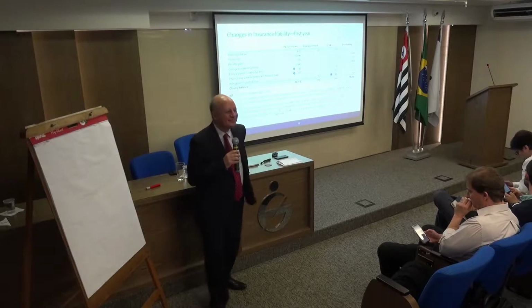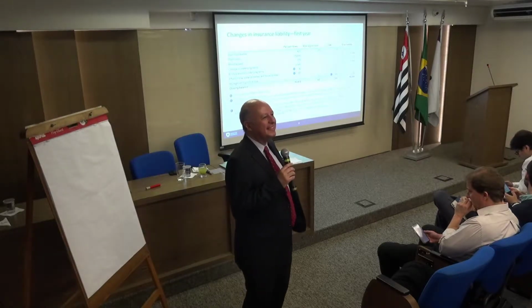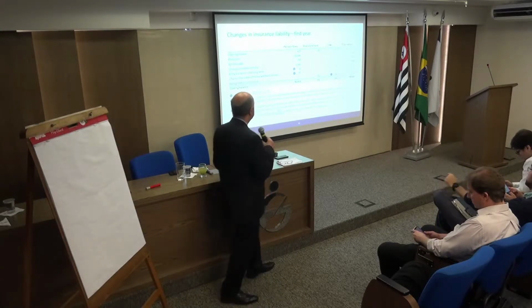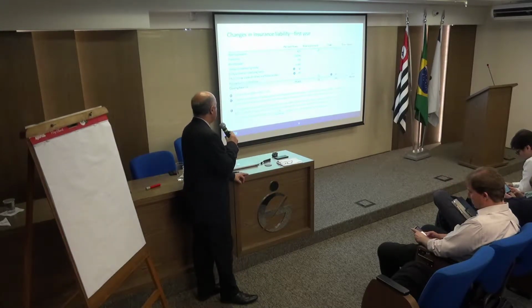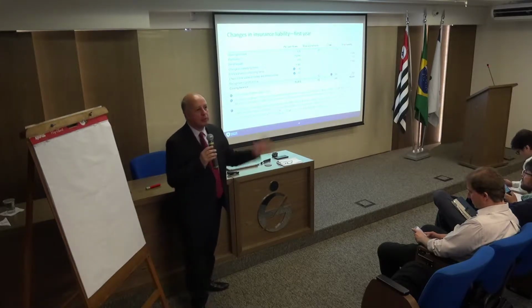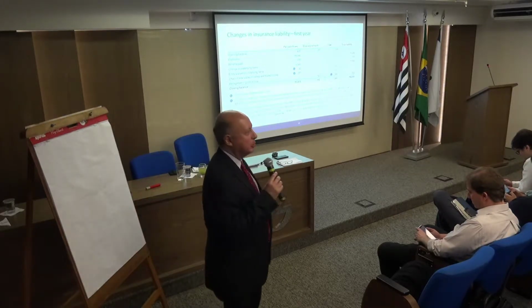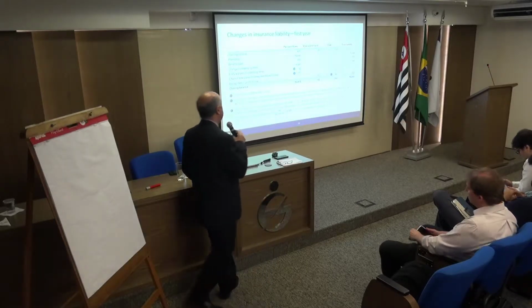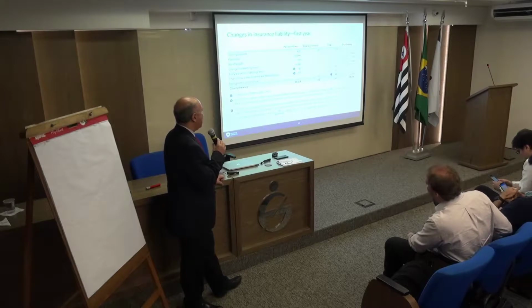Okay. So, welcome back. Let's finish this example of the variable fee approach. So we basically did, before going to the coffee break, the reconciliation of the insurance liability in the first year. So what happens there?